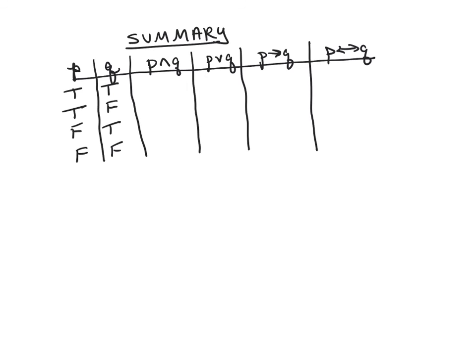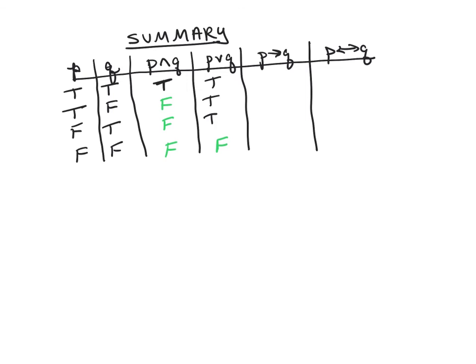So, a conjunction is true when both conjuncts are true. Otherwise, it's false. Whereas a disjunction is false when both disjuncts are false. Otherwise, the disjunction is true. So when at least one disjunct is true, then the disjunction's true.